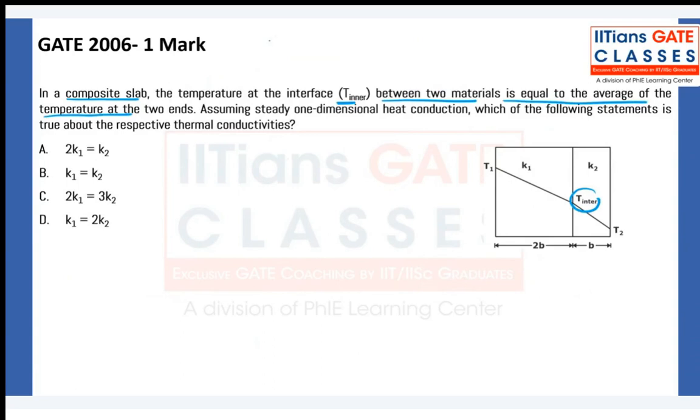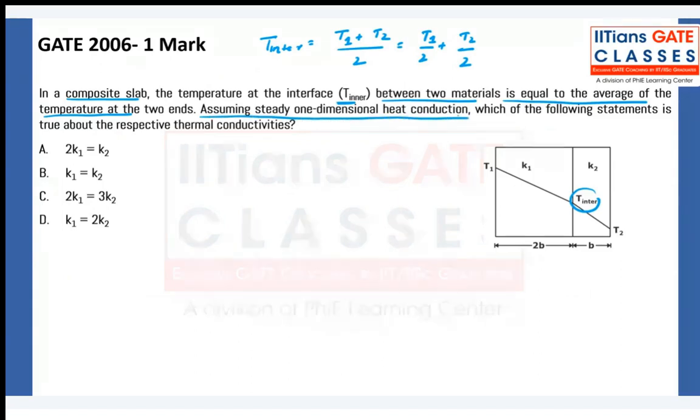It says that the interface temperature is equal to (T1 plus T2) by 2, or I can also write T1 by 2 plus T2 by 2, no problem. Now assuming steady one-dimensional heat conduction, which of the following statements is true about the respective thermal conductivity?